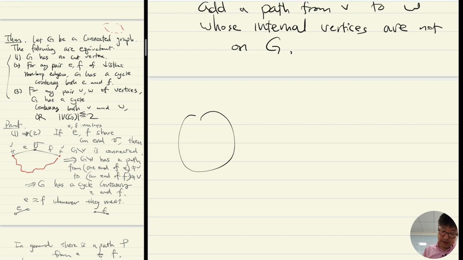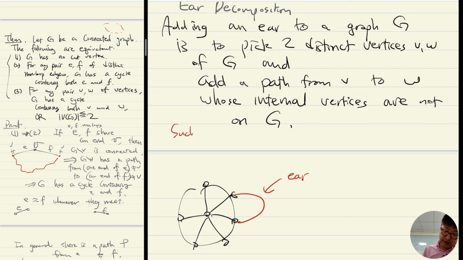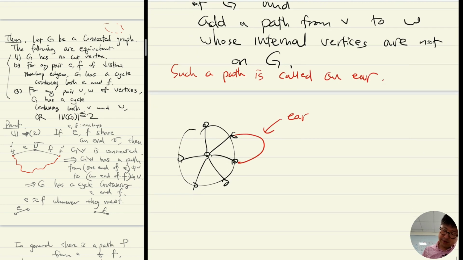For instance, let's say this is my graph, and this is an ear. Such a path is called an ear.